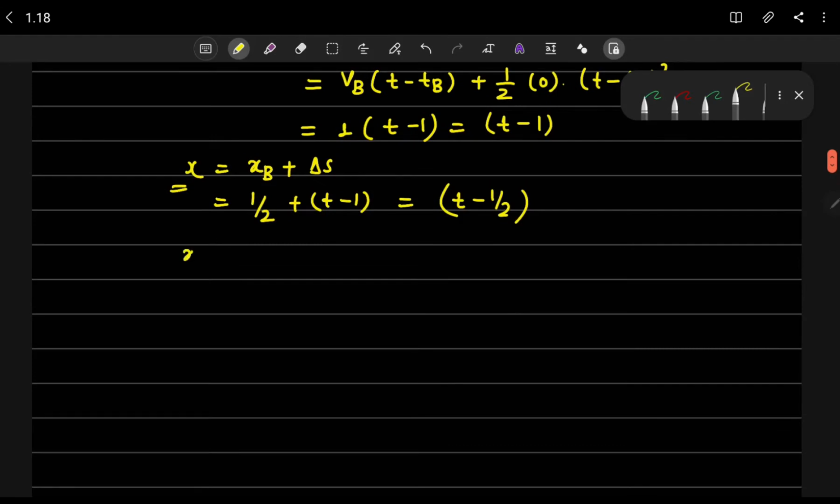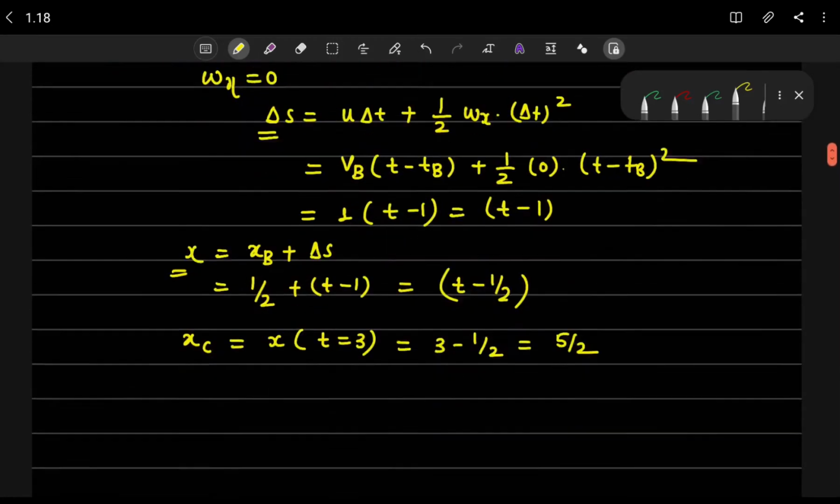And if we want to find the position at point c, that is x at t equal to 3, because time t equal to 3 is at the position of c. Then we can write 3 minus half, that is equal to 5 by 2. This is the value we have got from here.